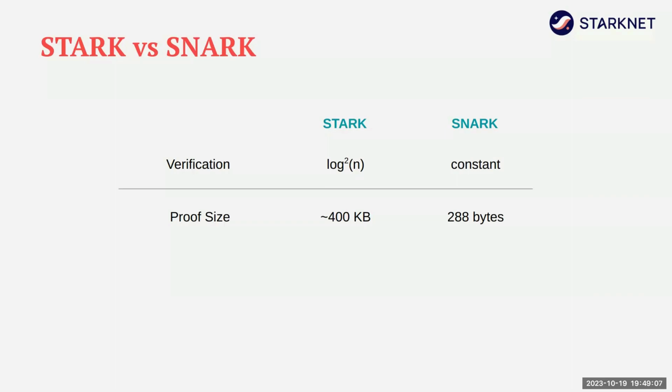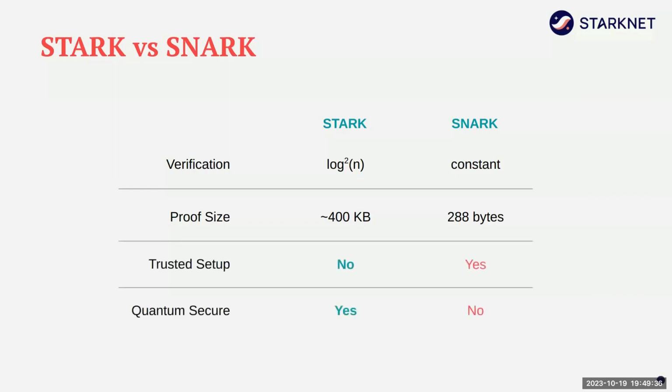So, comparing STARKs and SNARKs, they are both proving systems, but the way they work differs. We are not going to go into the complexity of proving systems now, but we'll take a look at some fundamental differences between them.